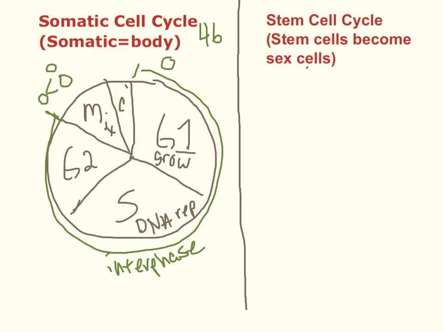And so in G1 it's going to have 46 chromosomes. When it hits the S phase and the DNA replicates, it will have 92. And so in G2, it's going to have 92.